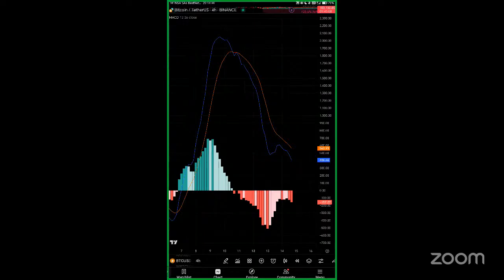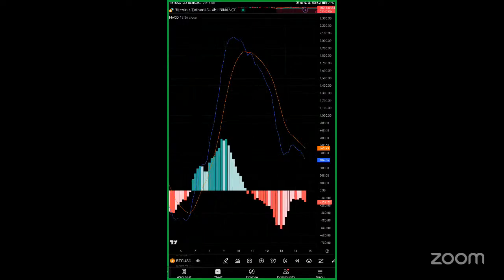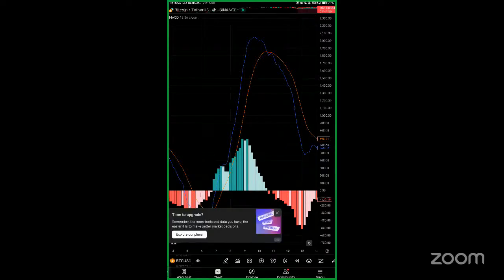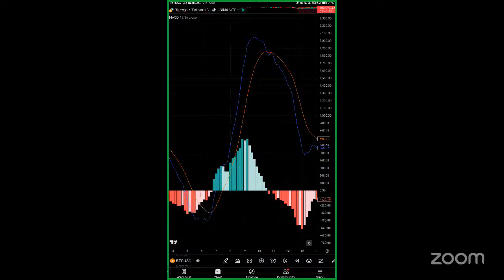All right, so ladies and gentlemen, come here with me. I just want us to explain a bit about the MACD indicator so that when we are using it in Royal Q to set a trade to help us enter the market, we should know what the MACD indicator does. So this is the MACD indicator.